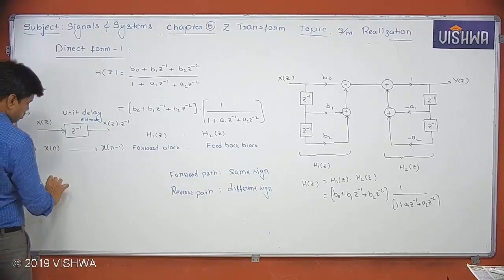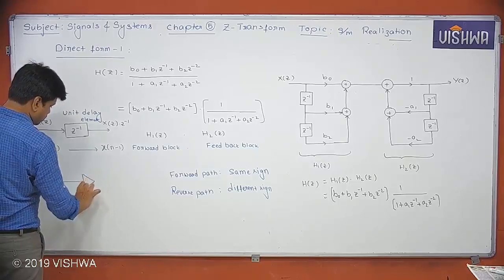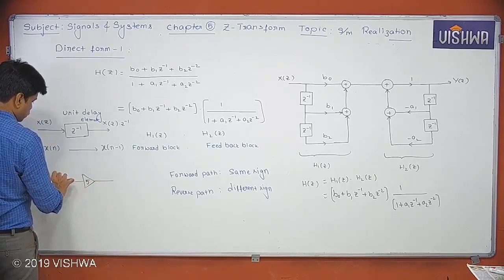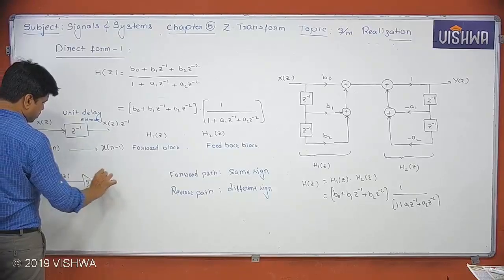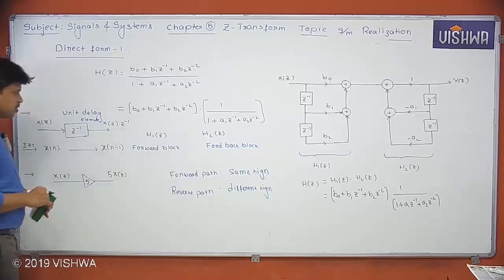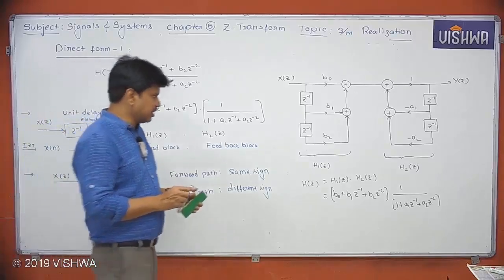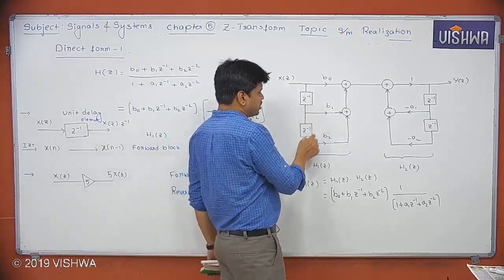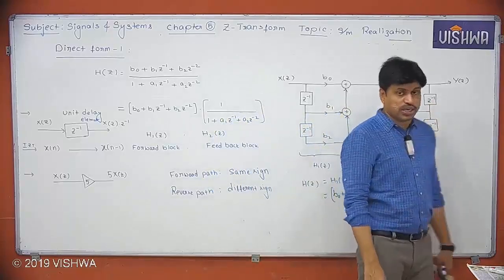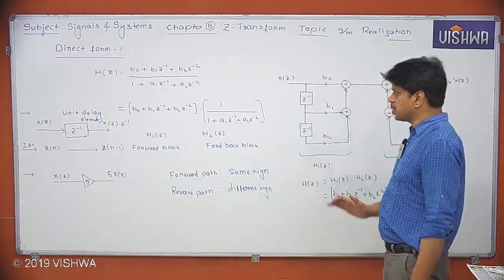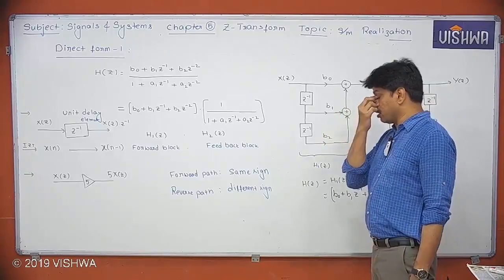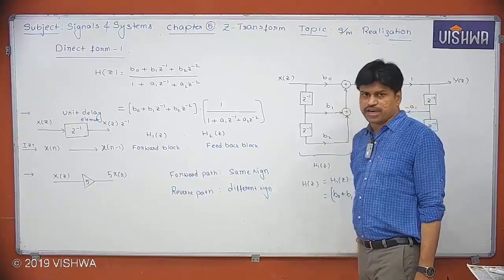And sometimes there is going to be this kind of thing also. Suppose there is a triangular shape they have given, and 5 is given. Remember, this is X of z, then it is a multiplication factor 5X. Now see here, Z inverse, 2 delay elements. If I ask to realize any transfer function in direct form 1, how many delay elements are required?